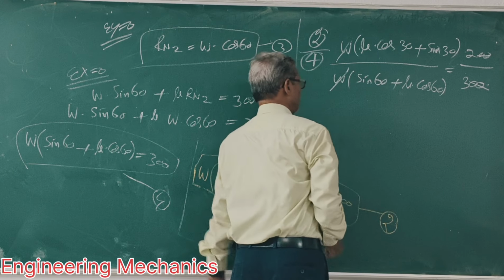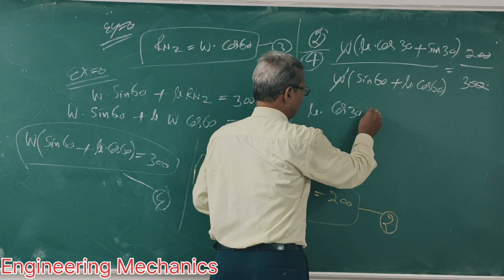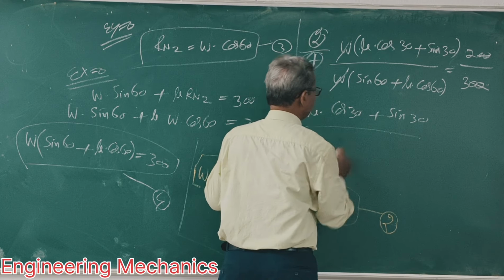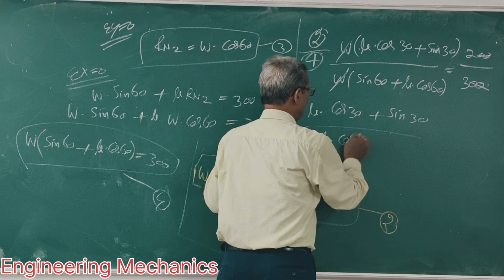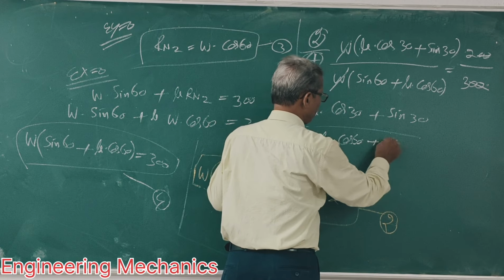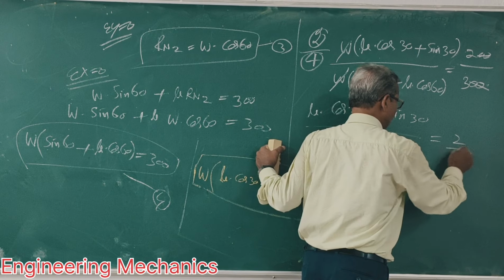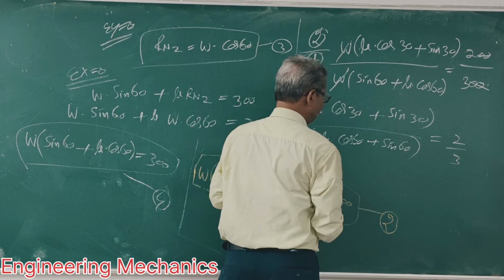What is the final figure? Mu into cos 30 plus sin 30 by mu into cos 60 plus sin 60 is equal to 2 by 3. Clear?